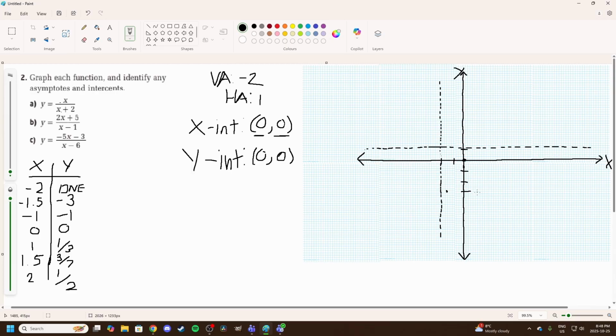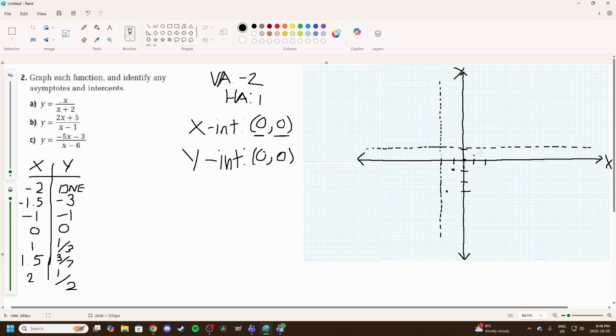And now we have -1, -1, right there. And then we have 0, 0. Cool. Then 1, 1/3, right here. You have 3/7, which is around 0.4, for 1.5.